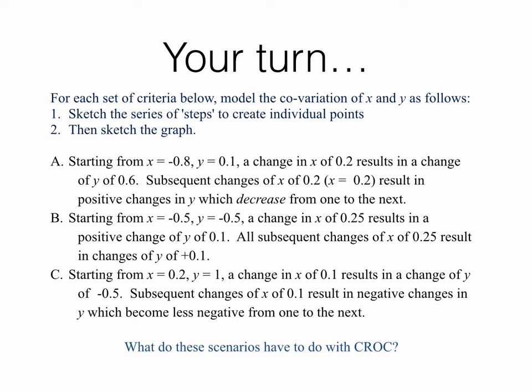So in the parentheses, this should be delta x equals 0.2, because we're talking about subsequent changes of x of 0.2. That means delta x equals 0.2. Okay, so take a stab at creating a graph to represent this situation. Interpret it, talk to a neighbor if you want to, but work it out.